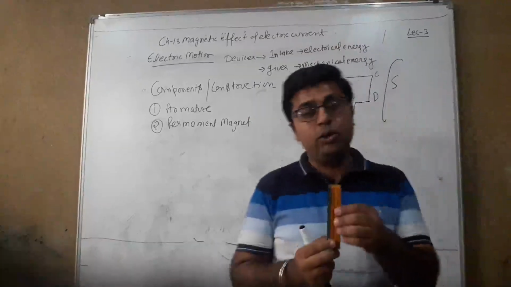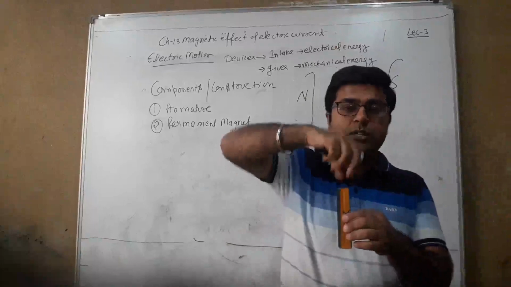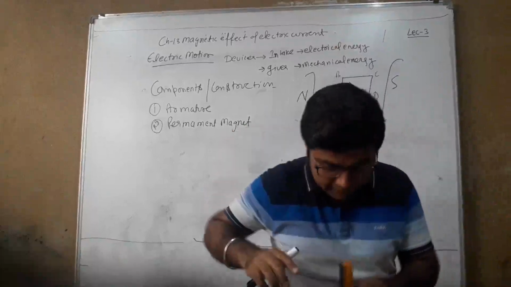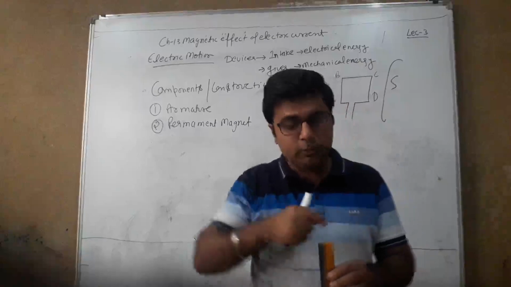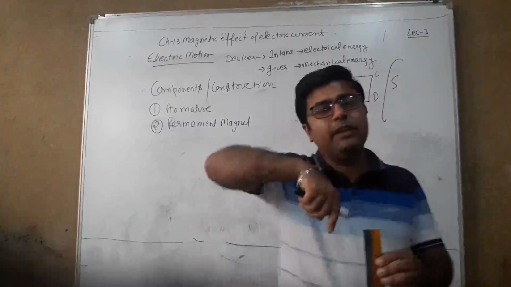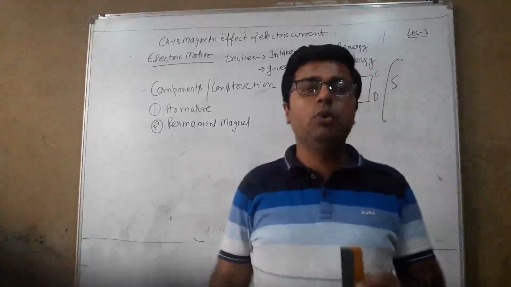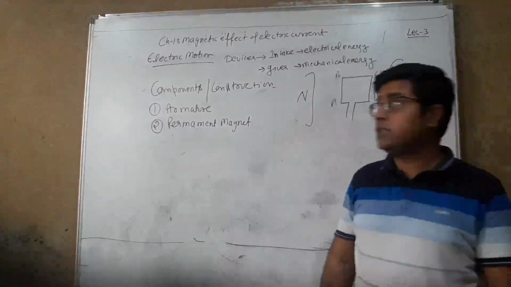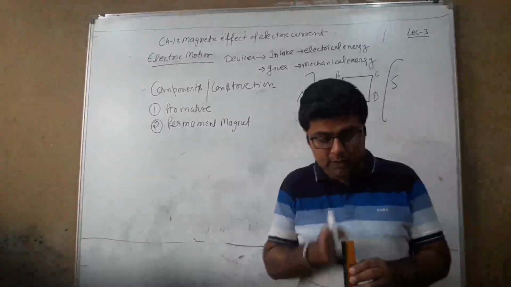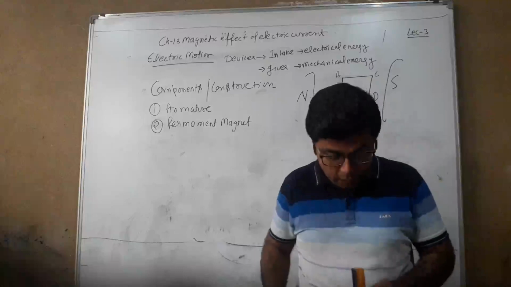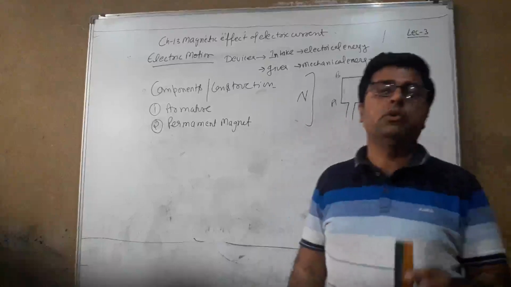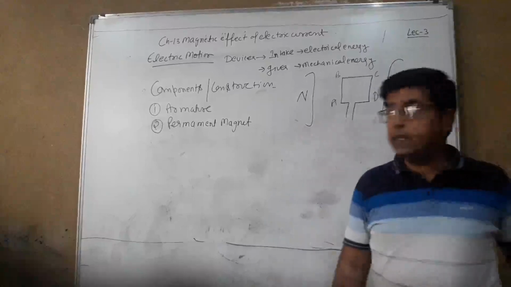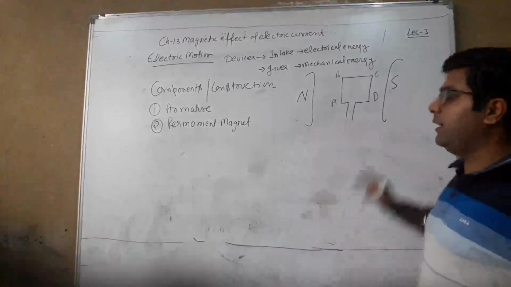Suppose this is a motor, and I am showing the motor from this point of view. So obviously there is a north and a south, but actually it's a circular shaped magnet inside the electric motor. That's why I'm drawing this as north and this as south, because from this view it's clearly visible which one is north and which one is south. This is the permanent magnet we have.